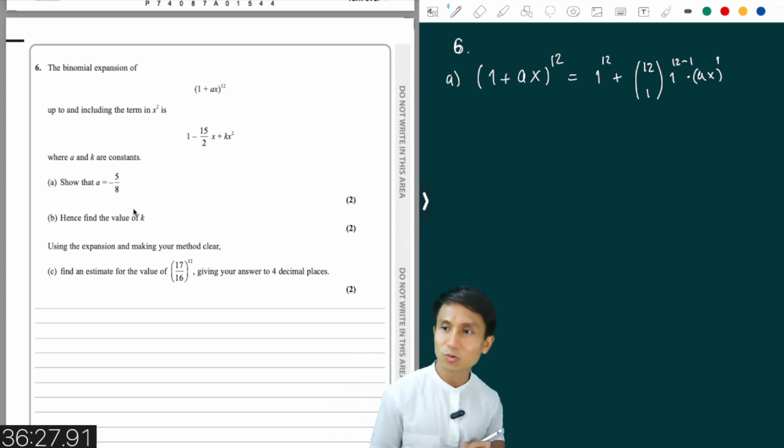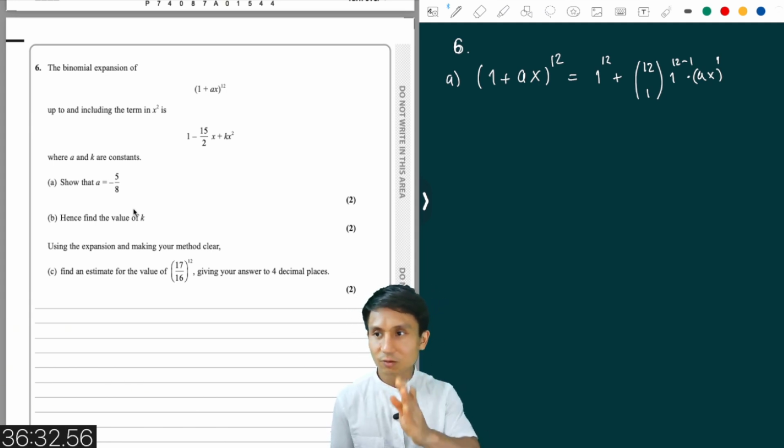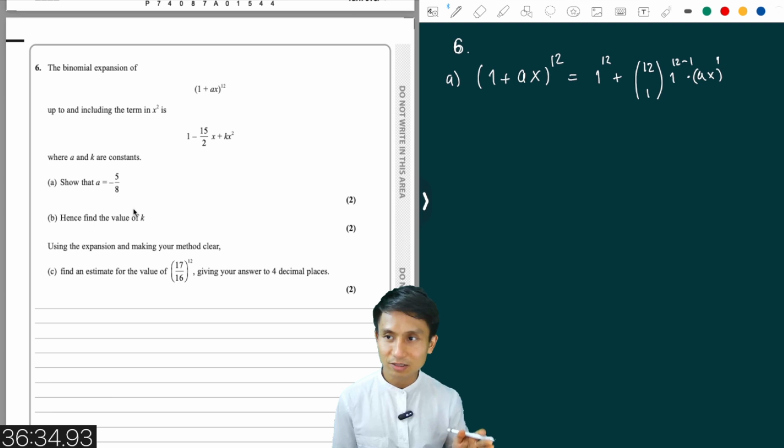So I'm using the binomial expansion formula here. When you keep going, the first term will have a power by 1 less, and the second term will have power by 1 more.